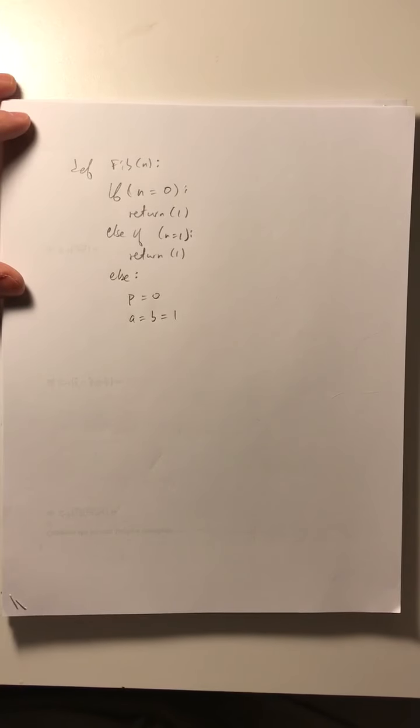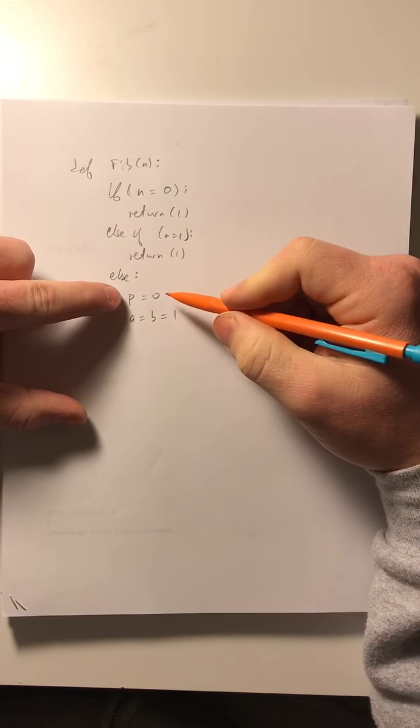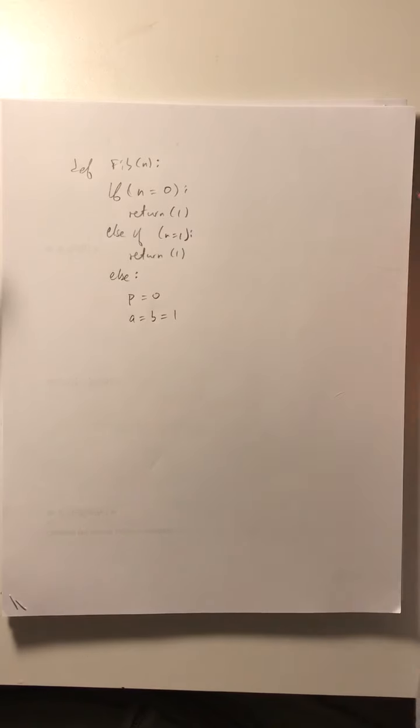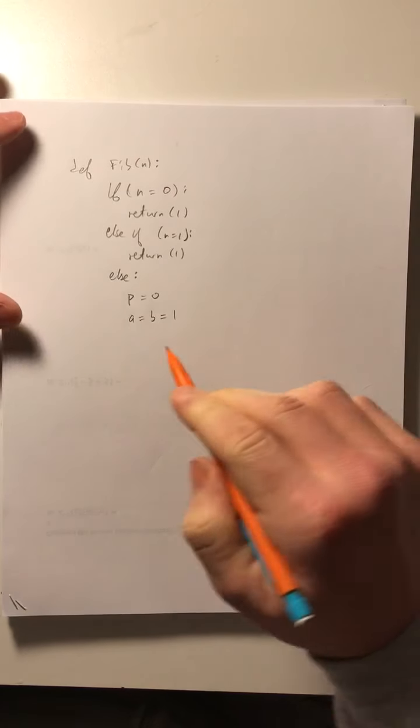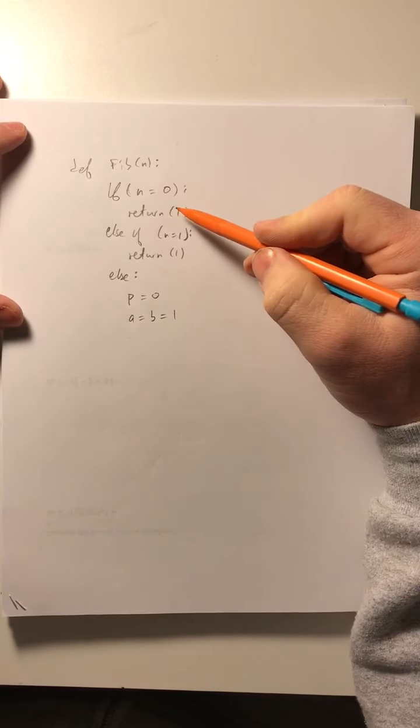Here, p is going to be a counter, and I'm going to do something and increment the counter, and a and b are going to be my initialized Fibonacci numbers.